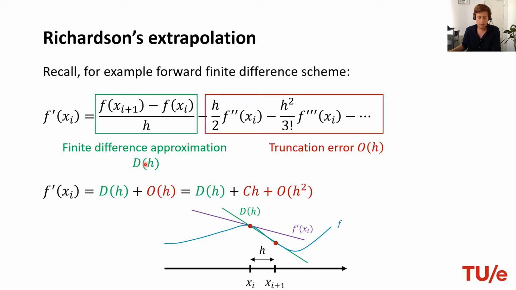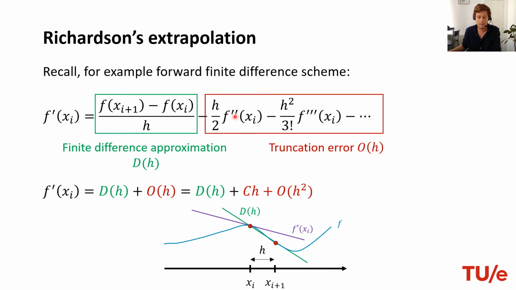So we can rewrite this as: the first derivative is our finite difference approximation plus an error of order h. Or we can expand a bit on this error and say this is approximately a constant times h.